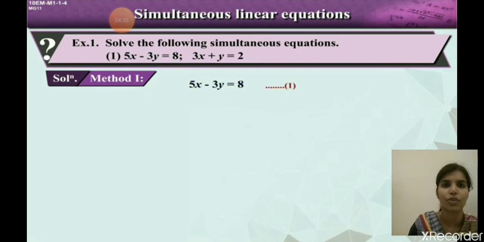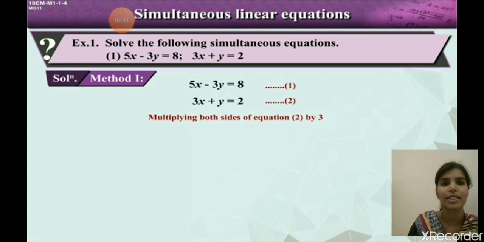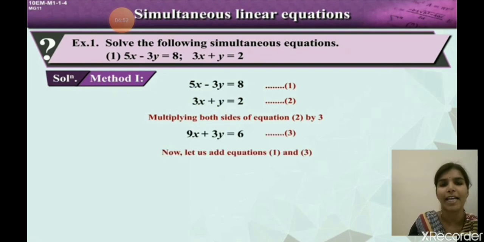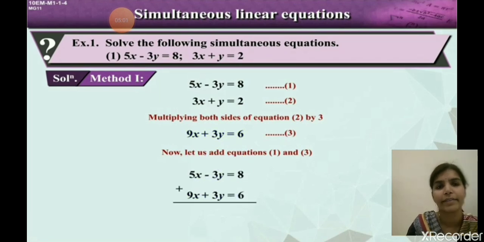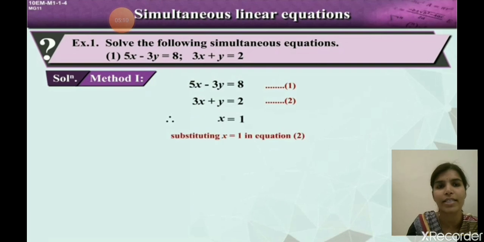We have two equations: 5x - 3y = 8 and 3x + y = 2. We consider both equations, first and second. Multiplying both sides of the second equation by 3, it becomes 9x + 3y = 6. Then add equations 1 and 2. After the addition we get 14x = 14, because -3y + 3y gets cancelled, and the value of x = 1. Put x = 1 in equation 2.